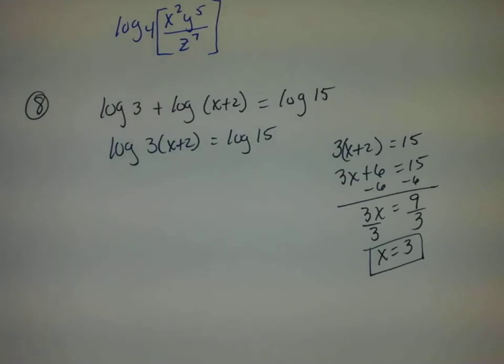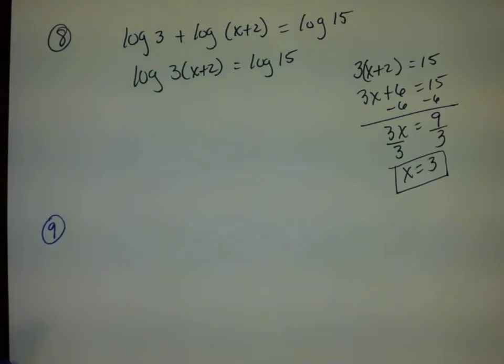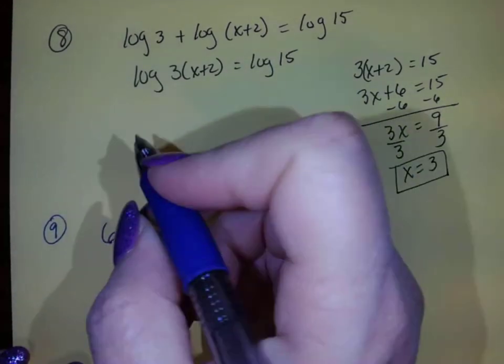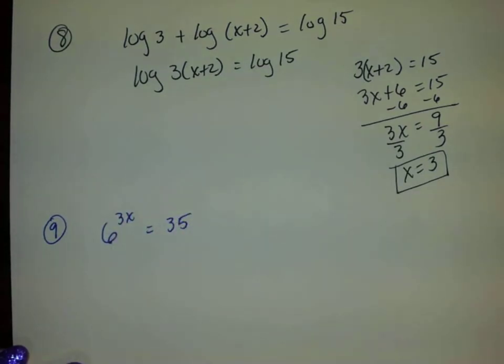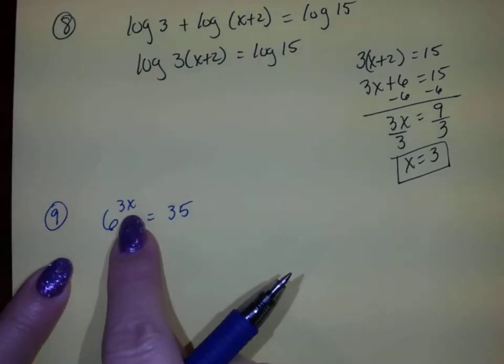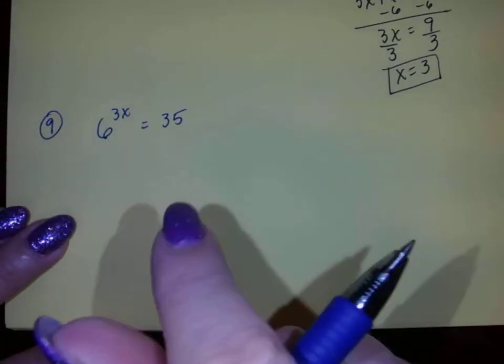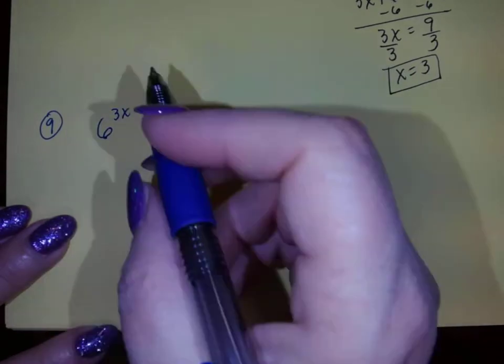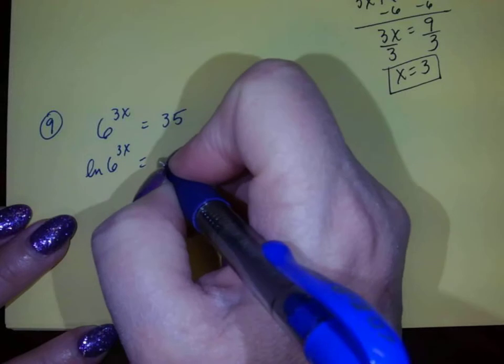All right, our next problem, which is number 9. Number 9 says to use the properties of logs to solve. So we have 6 to the 3x is equal to 35. So here our variable is in our exponent. So in order to get that down, we're going to use our properties of logs. We're going to take the natural log of both sides.